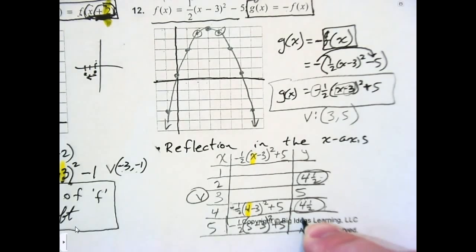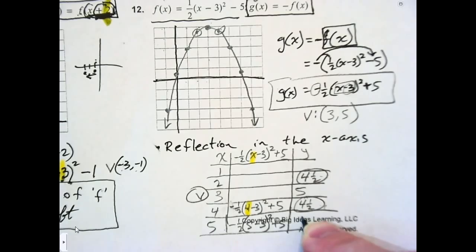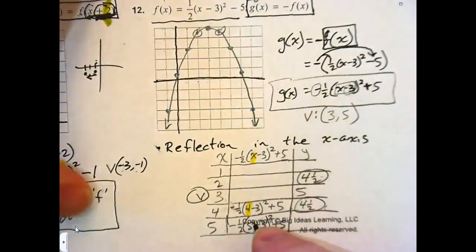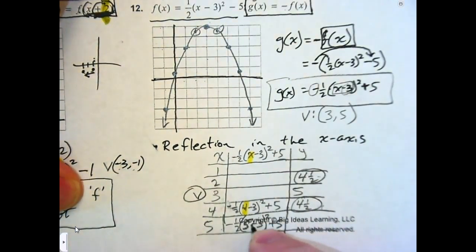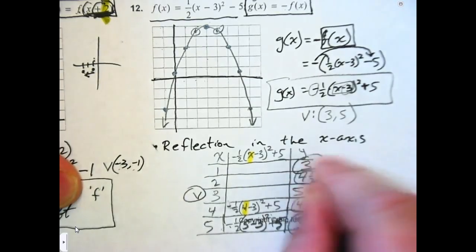What would this value be right here? What's 5 minus 3? 2. 2 squared is 4, times negative 1/2 is negative 2, plus 5. 3. All right. That 3 would match up with that 3 up there.